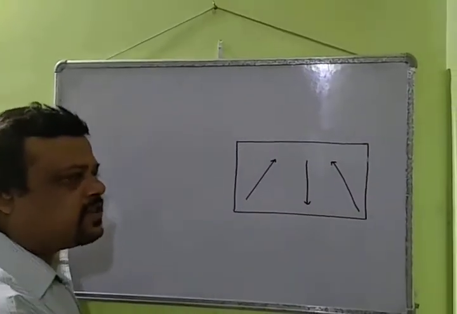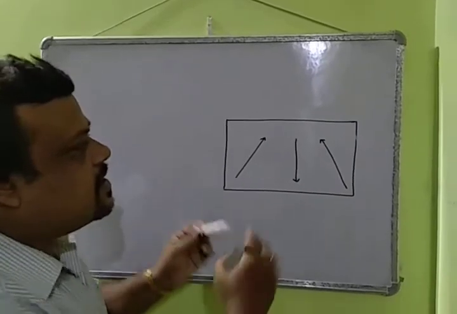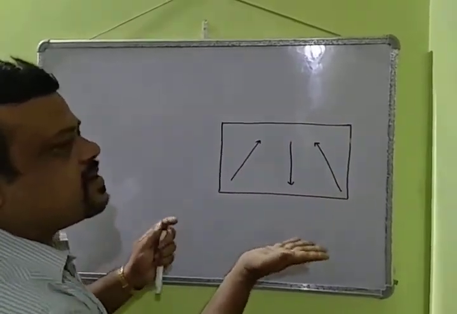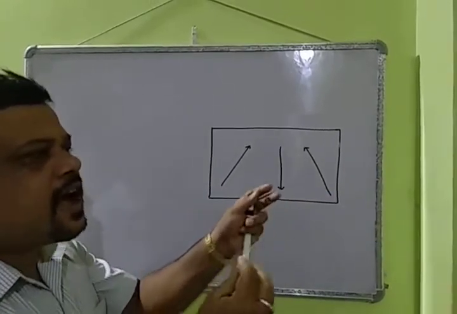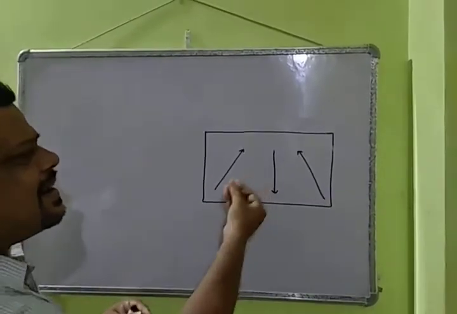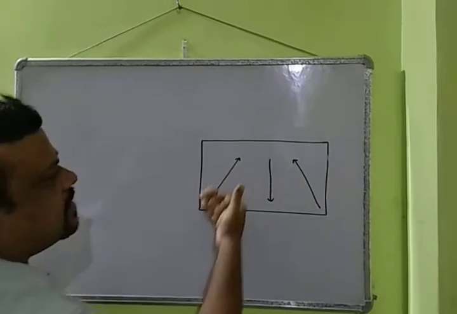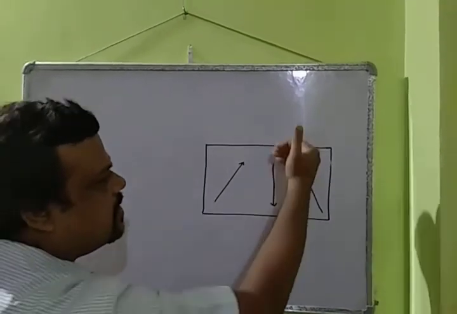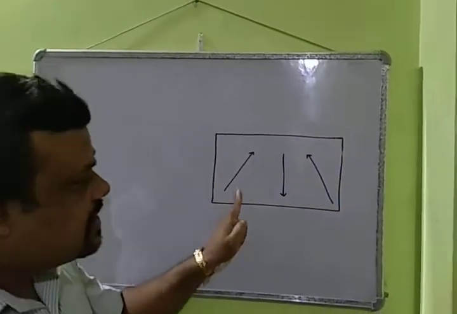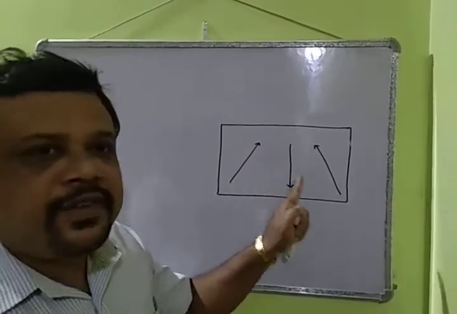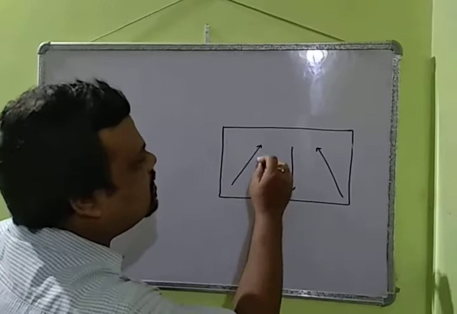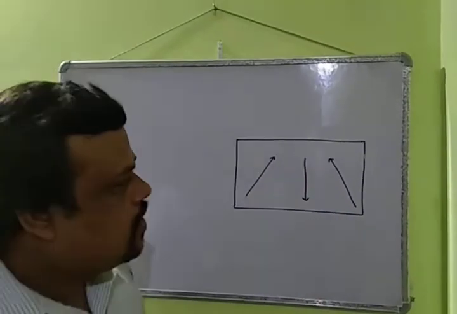What is thermal velocity? If the temperature is high, there is a collision among the electrons, and after collisions, the electrons can take any direction. Some electrons go in this direction, some in this direction. So this is the movement of electrons due to thermal velocity.